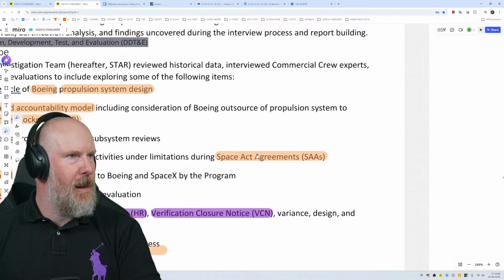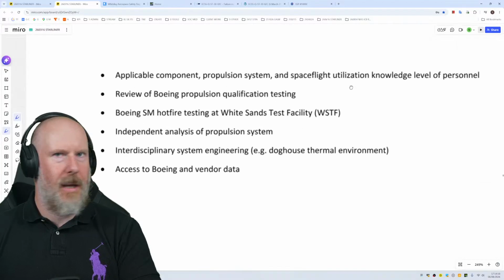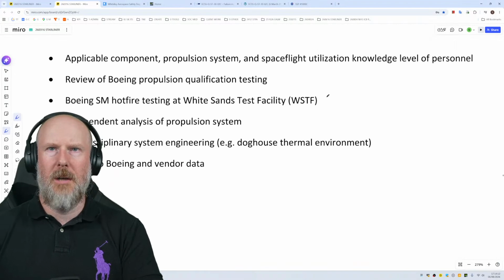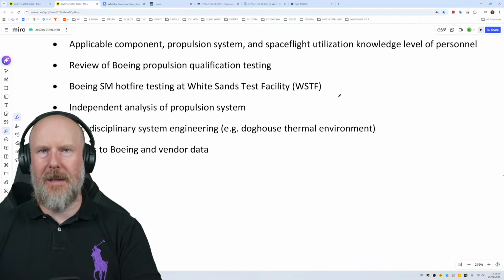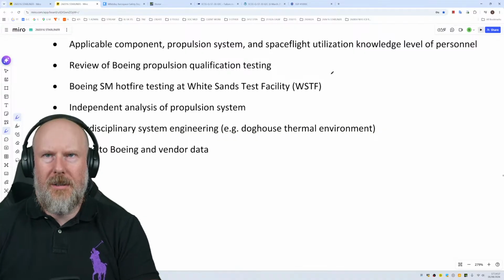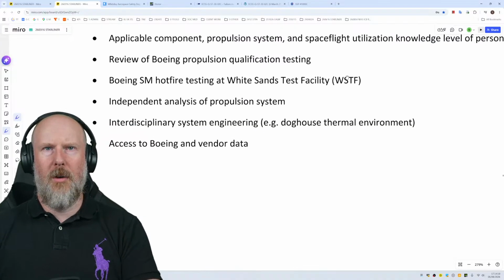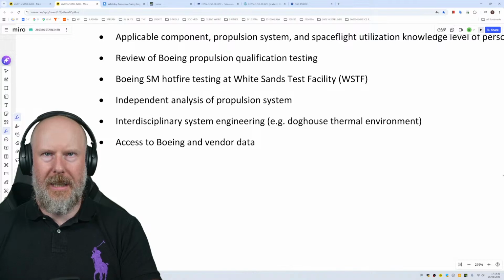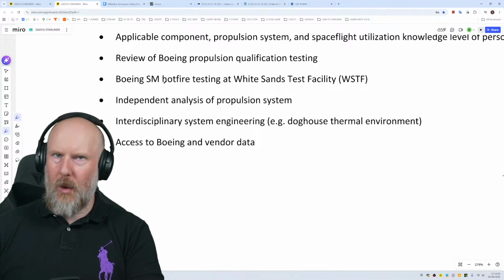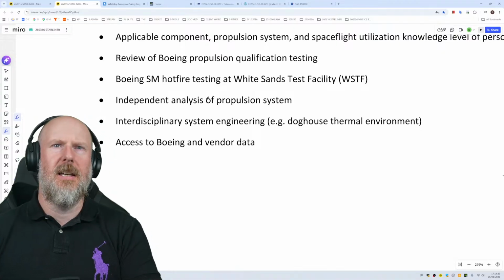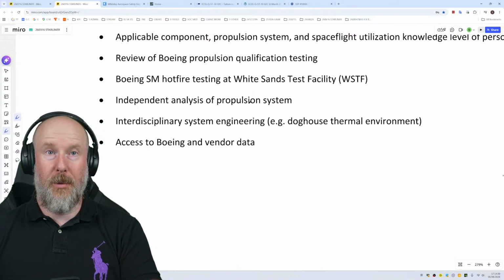And then we've got applicable component, propulsion system and space flight utilization knowledge level of personnel, review of Boeing propulsion qualification testing, Boeing service module hot fire testing at White Sands Test Facility, independent analysis of the propulsion system.